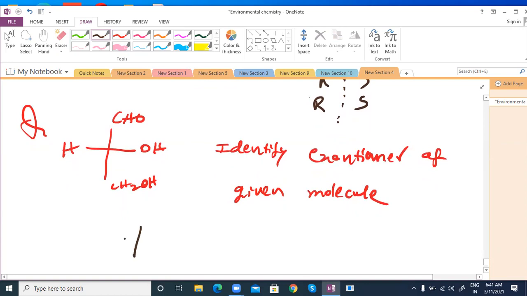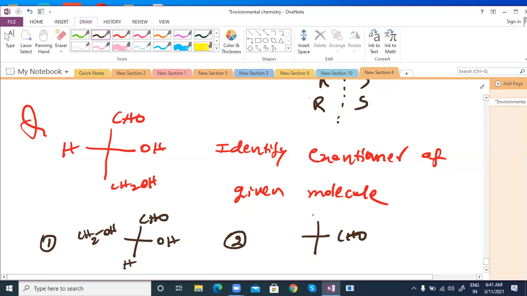So suppose here they gave CHO, then H, OH, CH2OH. This is the structure. Option A, assume that one. Option B, CHO, H, OH, CH2OH.